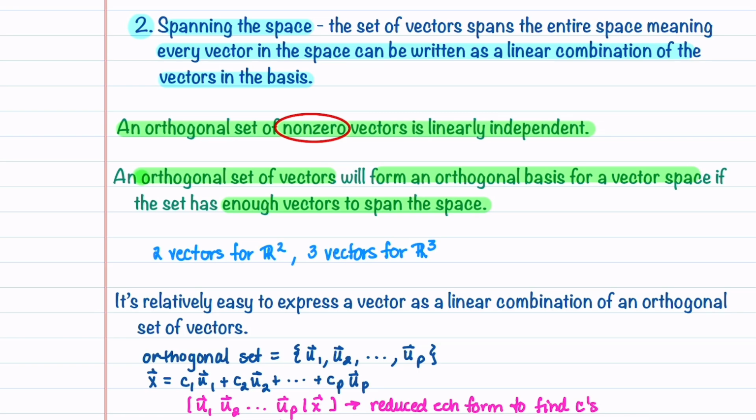For example, if we have a set of orthogonal vectors in R2, the set would need to contain two vectors in order for it to span the space. And if we had a set of orthogonal vectors in R3, that set would have to contain three vectors in order to span R3.